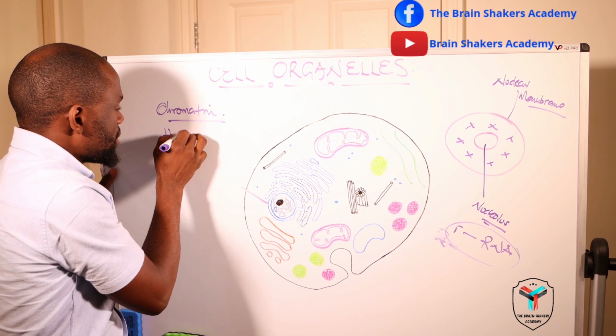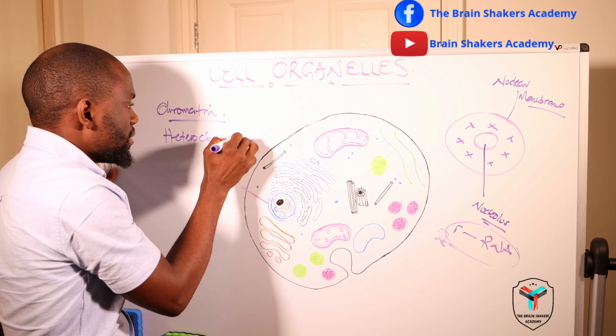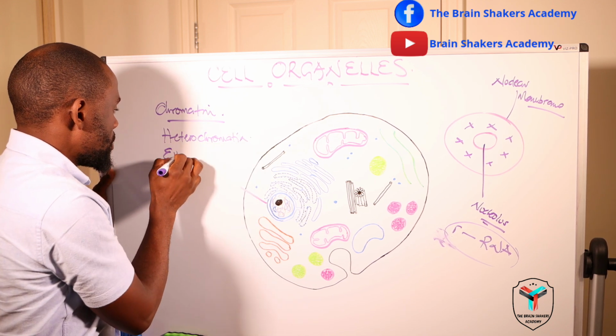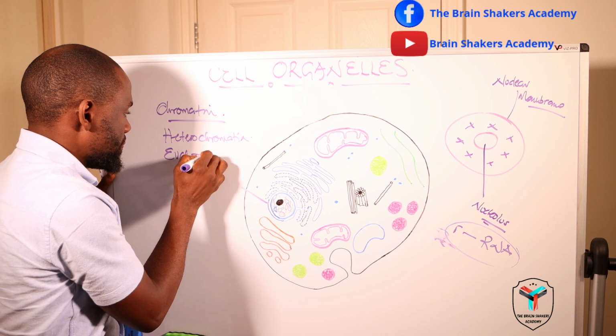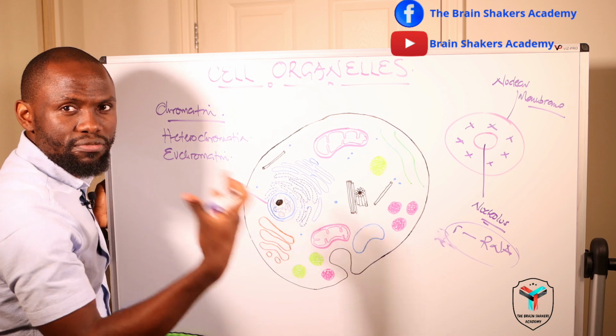It may take up what we call heterochromatin, or maybe what we call euchromatin. Okay, this is when the cell is in its development stage.